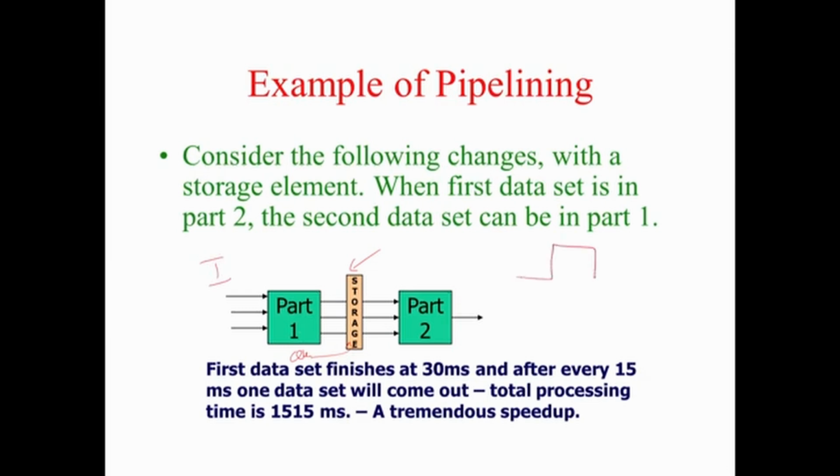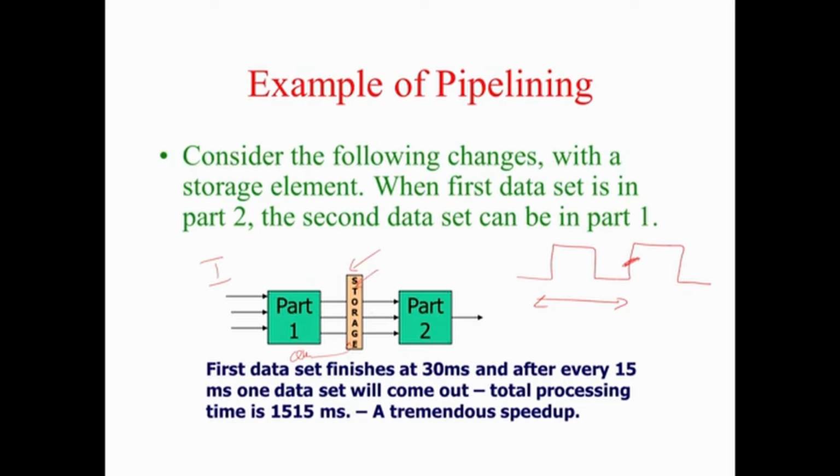Let us say there is a clock going like this. The first set of data comes in, within one clock pulse, that is this duration, this data will get processed by part 1 and it will be available for storage in this part. So when the clock pulse comes, the processed part of the first set of data essentially gets stored in this storage element.